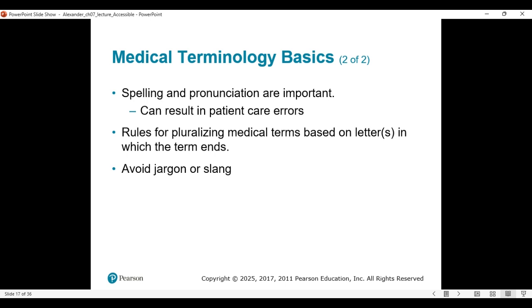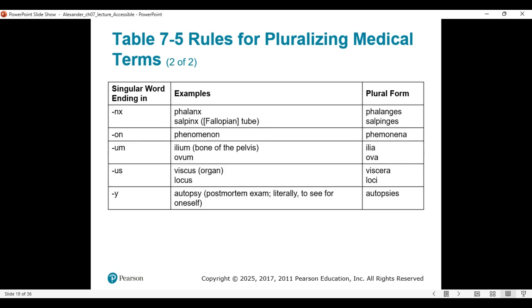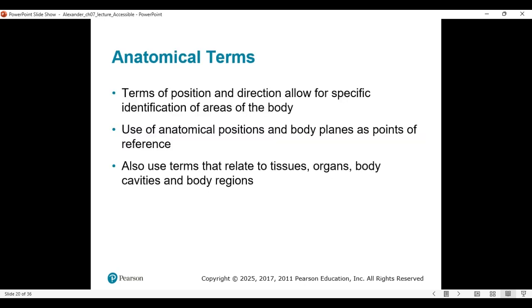The nurses usually do, but sometimes you talk to a doctor and they don't, especially if they're new to the ER, they may not know what our jargon or slang in the field means. So try to avoid that. Here are some rules for how you make a word plural. Like I said, these are all in your book. You can look them all up.